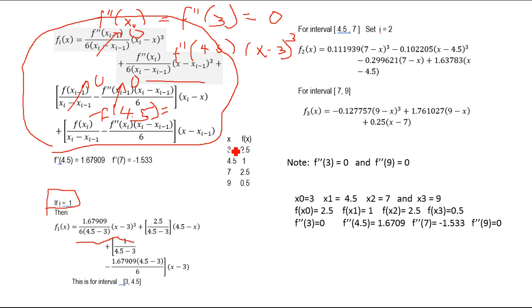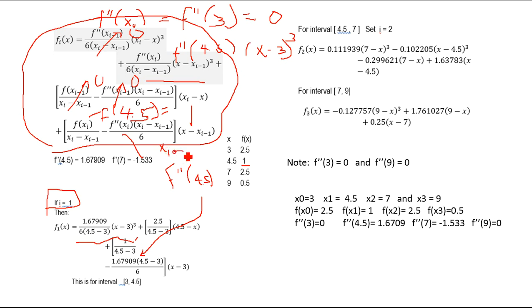Our f of 4.5 is 1. Hindi pala second derivative yung 1. So, kaya may 1 dito. And then, itong f double prime nito, this is f double prime of 4.5. So, kaya may 1.69.